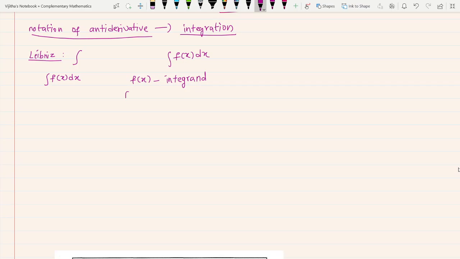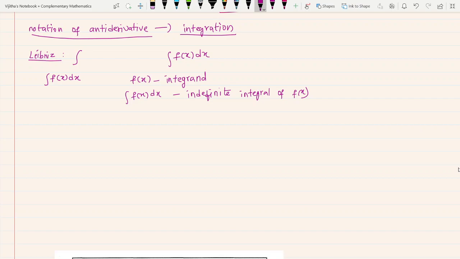And integral f of x dx is also called the indefinite integral of f of x. It is called indefinite because the limits are not finite. If the limits are finite, they are said to be definite integrals. So here we have the indefinite integral.